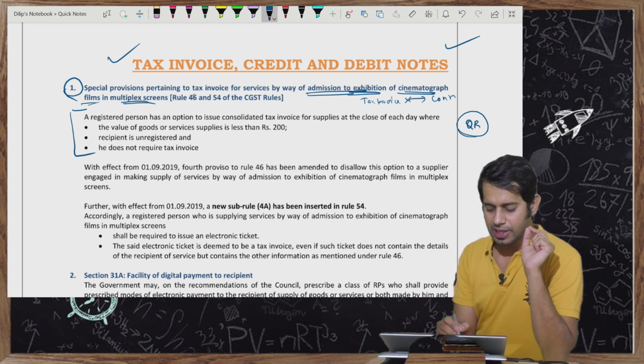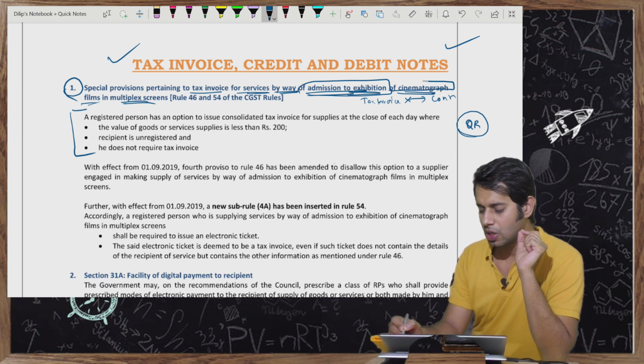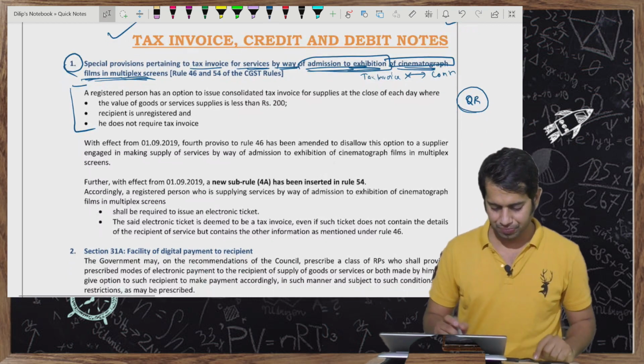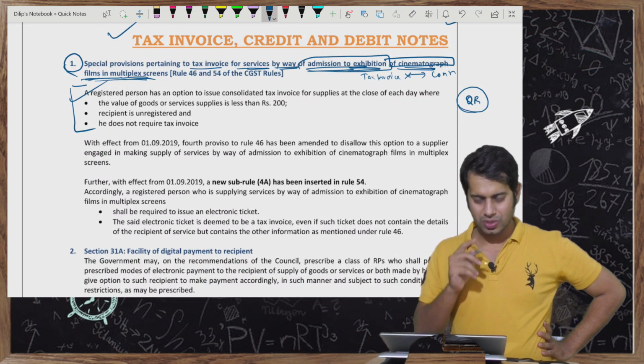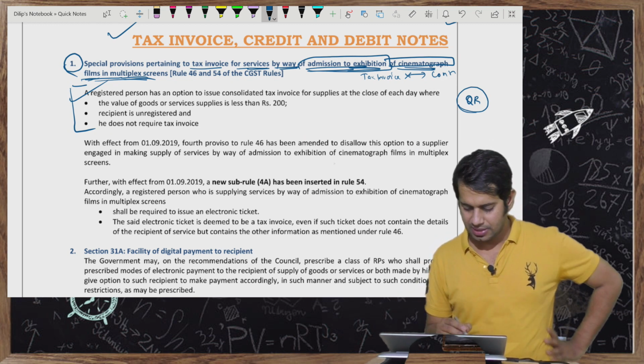Special provisions pertaining to tax invoice for services by way of admission to exhibition of cinematographic films in multiplexes have been made. What was the provision? I have given the provision which was there before, which is there now also, but not applicable to these cinema halls.